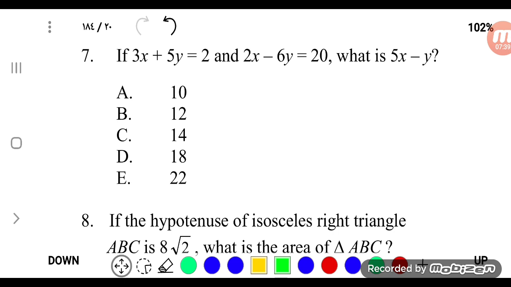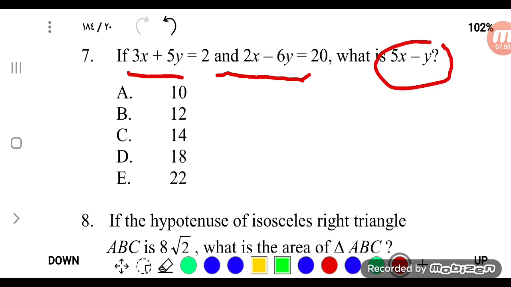Next, question number 7. Here you have 3x plus 5y equal 2, 2x minus 6y equal 20. What's the value of 5x minus y? If you notice, you can add the two expressions in order to get the requirement.